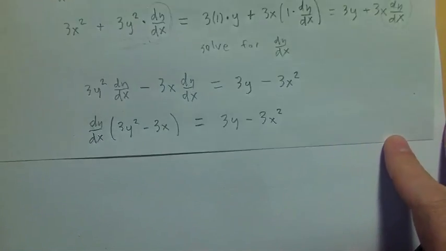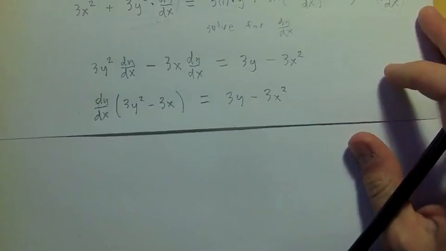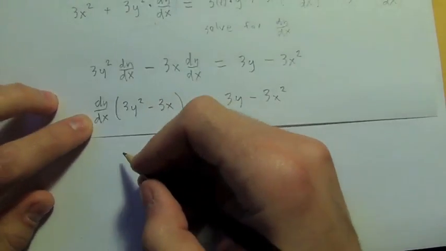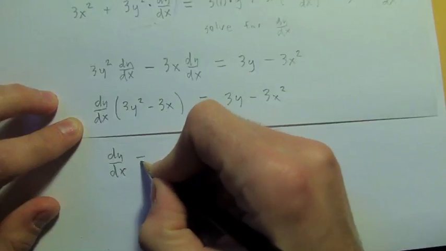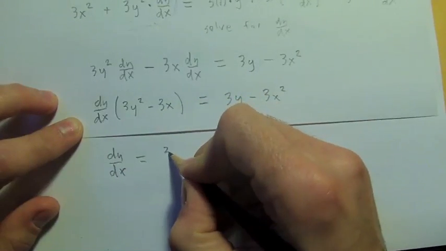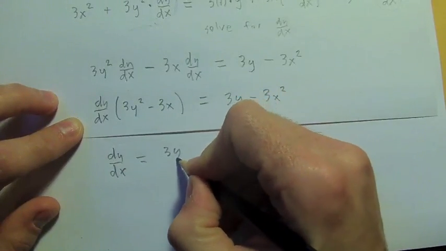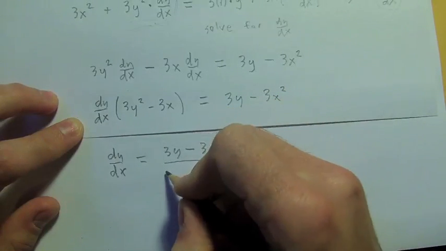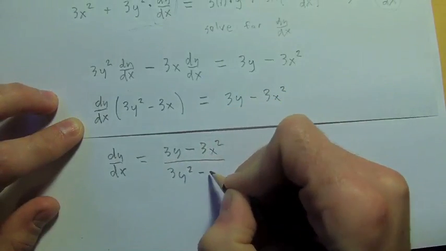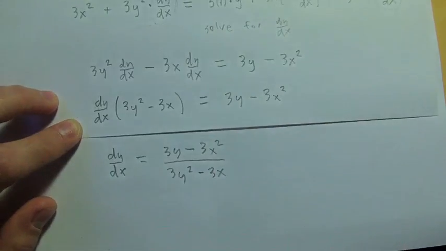Now we just divide. So once you factored, you divide. Okay, so I'll get that dy over dx is equal to 3y minus 3x squared all over 3y squared minus 3x.